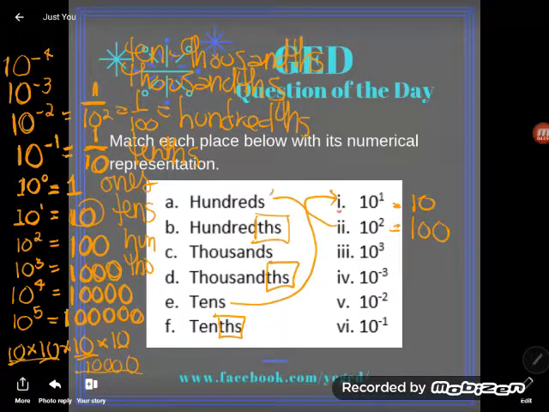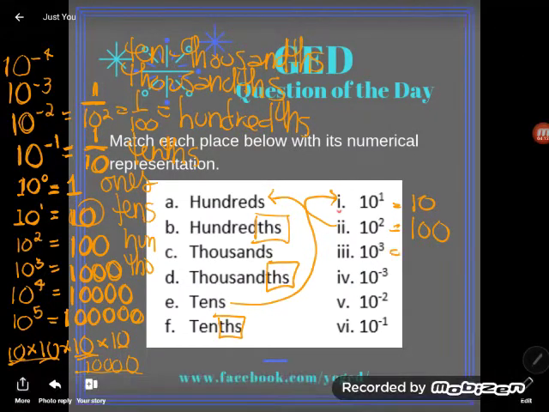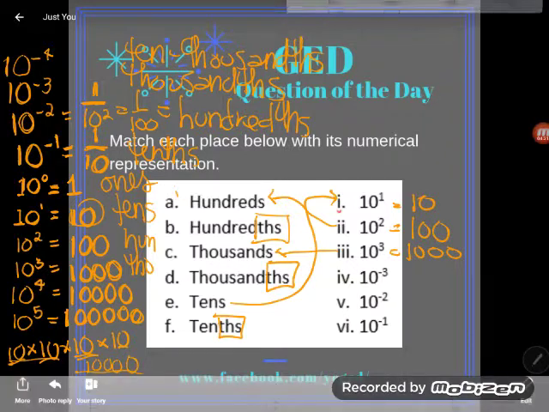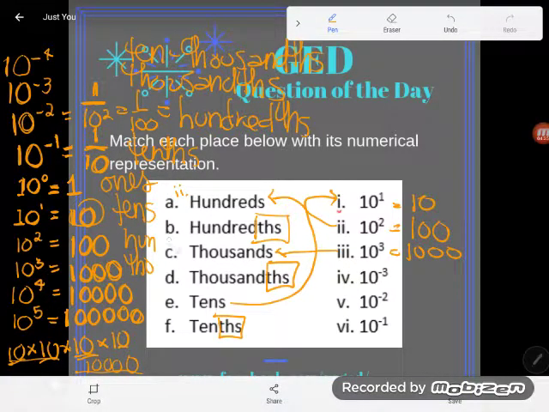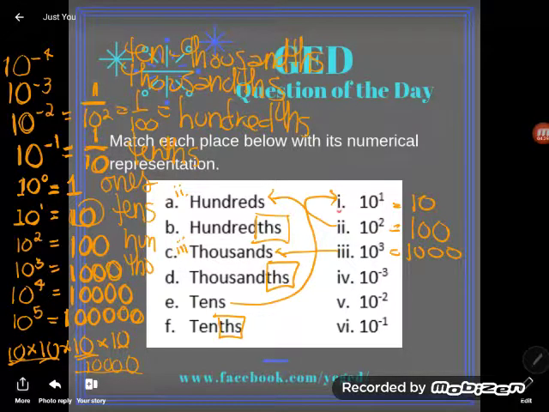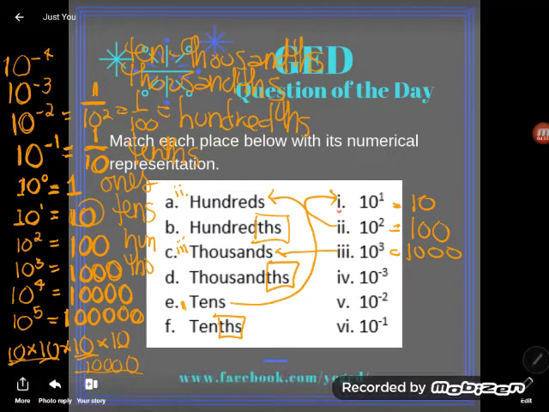That matches up with the hundreds. And 10 to the third power is a 1 with 3 zeros after it. That matches up with thousands. Okay, so from here, I see that A is 2. B, I didn't do B yet. C was 3. And E was just 1. Okay, cool.